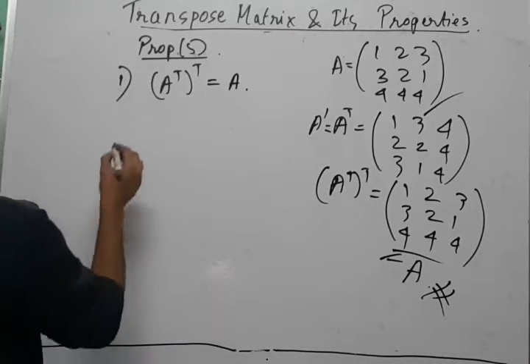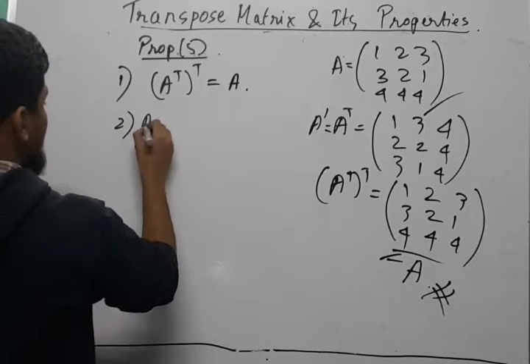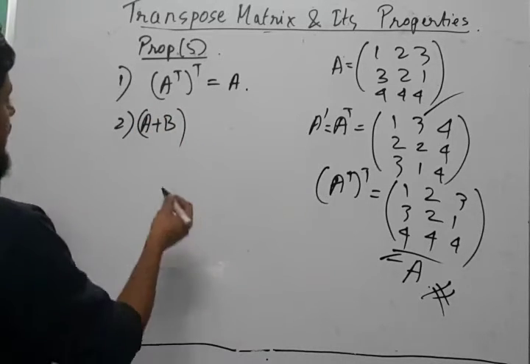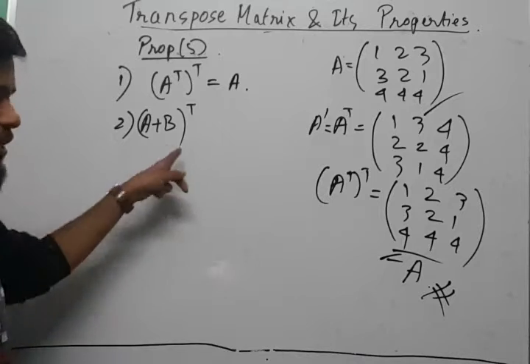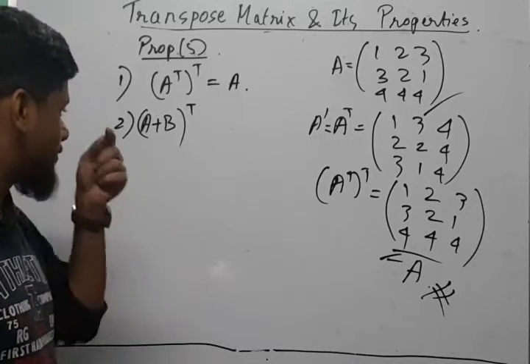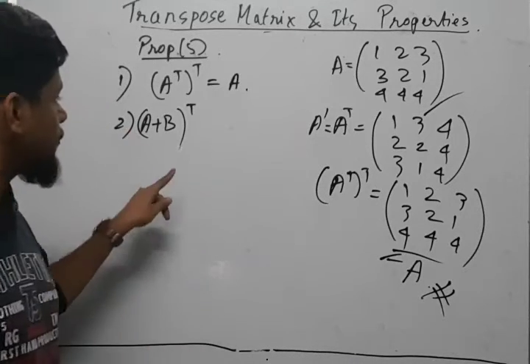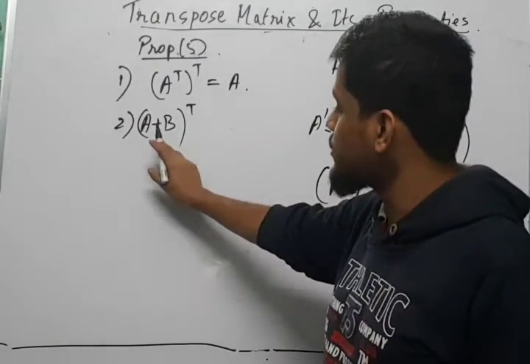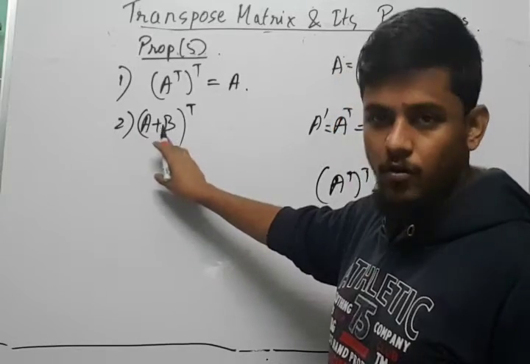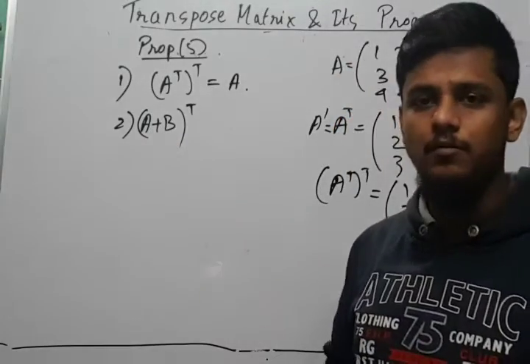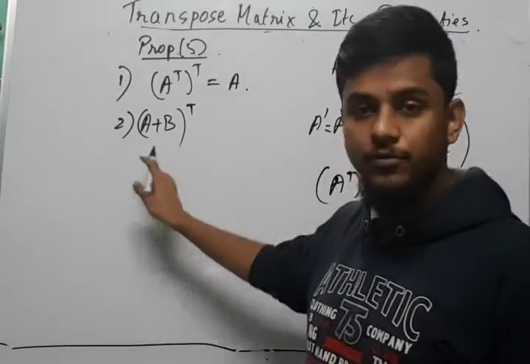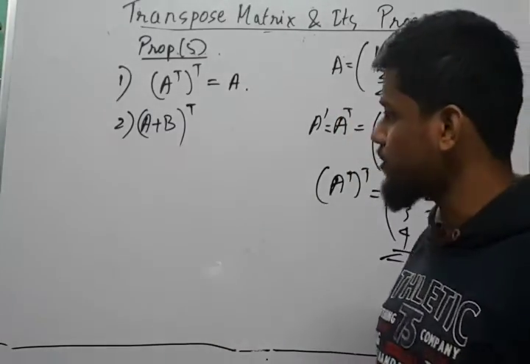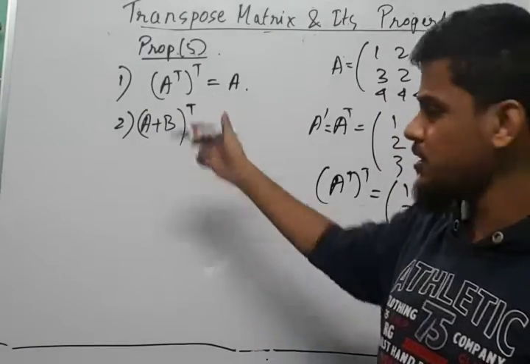The second property that we'll be talking about is what happens if we have two matrices, suppose A and B, and we take the transpose of the sum of those two matrices. Before we get into the ultimate result, first you need to ensure that the order of both these matrices is the same so that we can carry out the matrix addition as required.